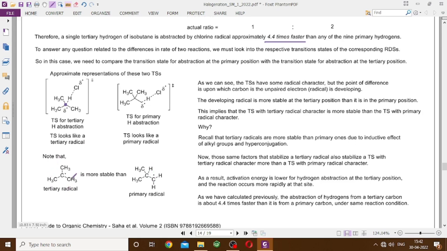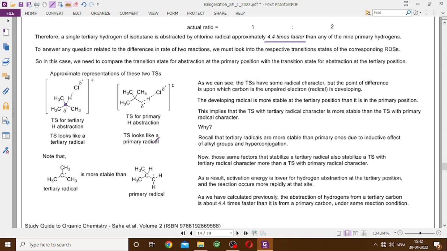Then if a tertiary radical is being more stable than the primary radical, then something which mimics a tertiary radical, so it is a potential tertiary radical, is also more stable than something which mimics a primary radical. That's the logic. If a tertiary radical is more stable than primary radical, then the TS, which looks like a tertiary radical, is also more stable than the primary radical.